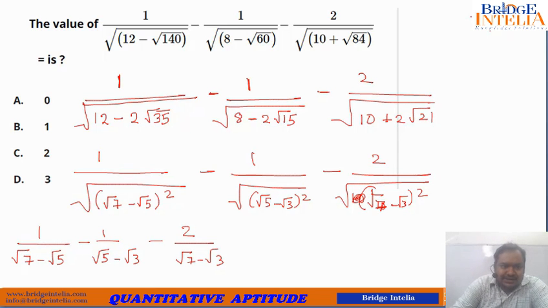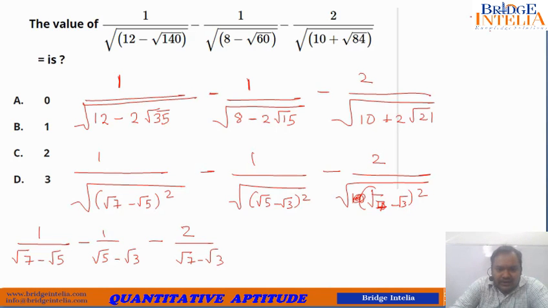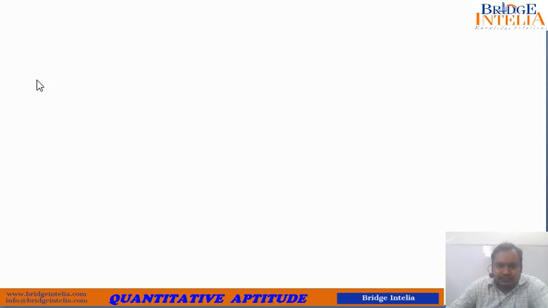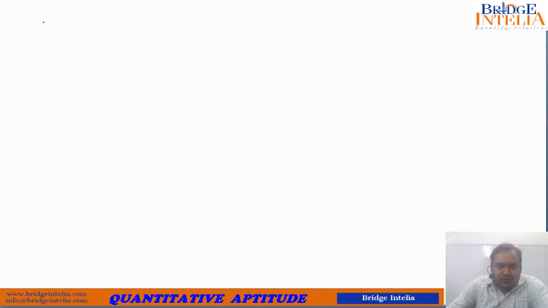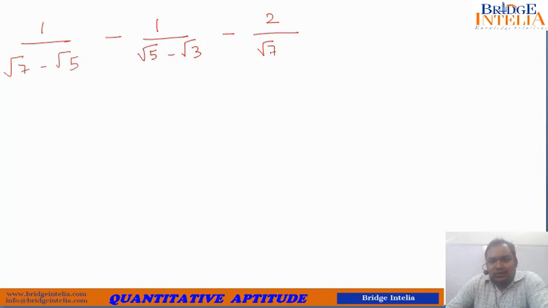The terms that we have got are 1 by root 7 minus root 5, minus 1 by root 5 minus root 3, minus 2 divided by root 7 minus root 3. So this is what we have got so far.